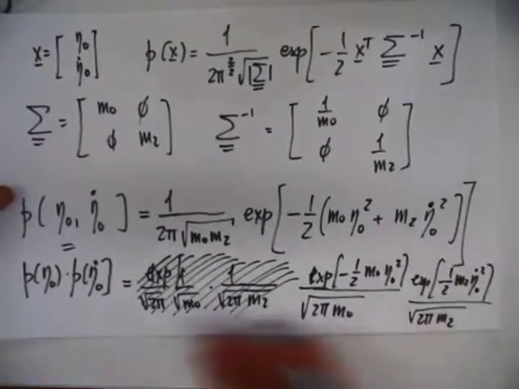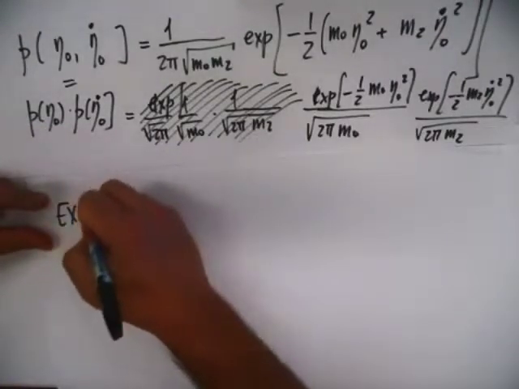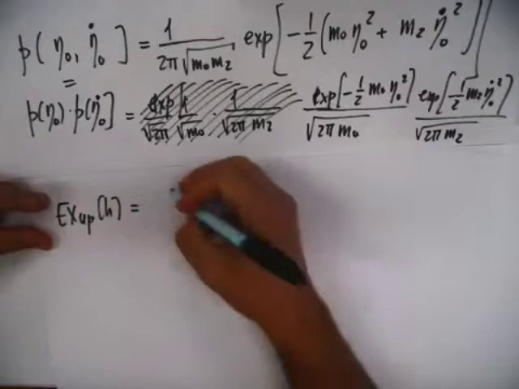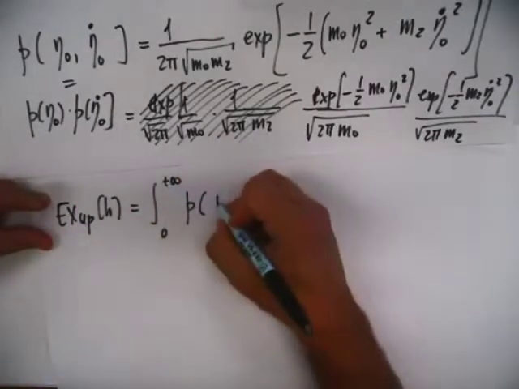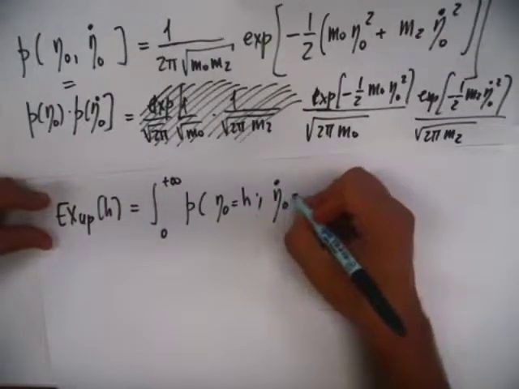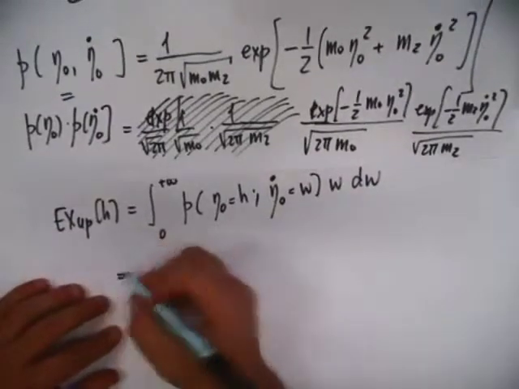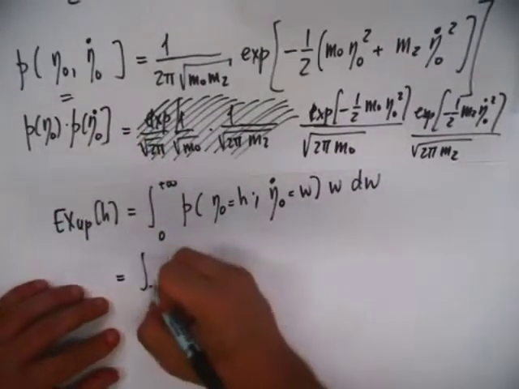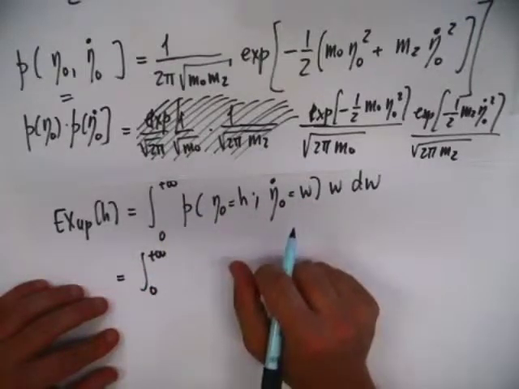So actually this result is pretty nice, because now we're going to use it since we want to compute the expected number of upcrossings greater than h, which is the integral from 0 to infinity of the density of eta naught equal h, eta dot equal w, times w dw. But we take advantage of the independence of this process, of the fact that these two variables are stochastically independent.